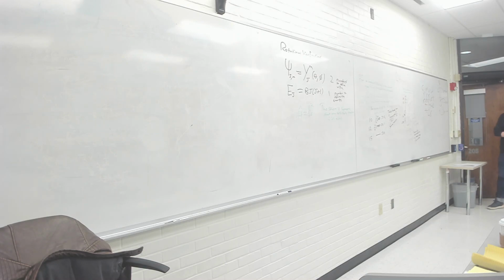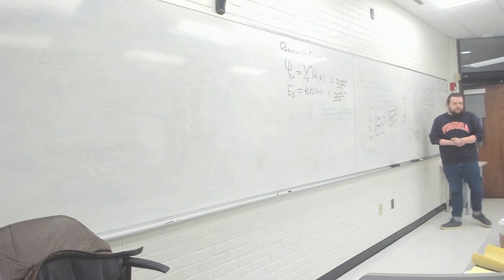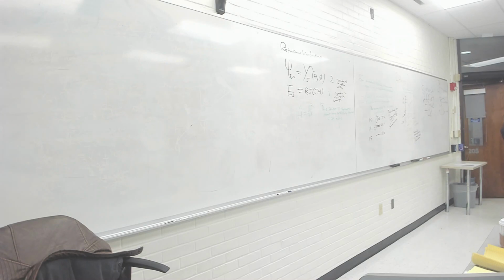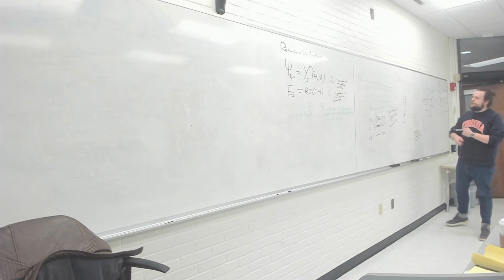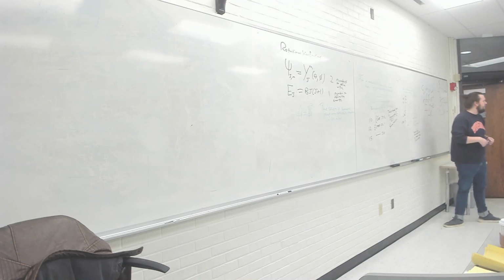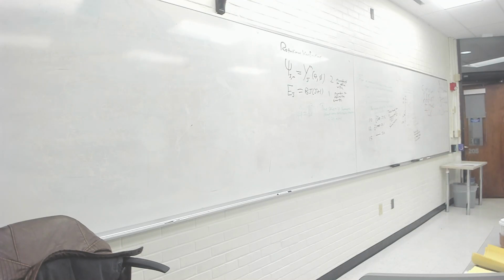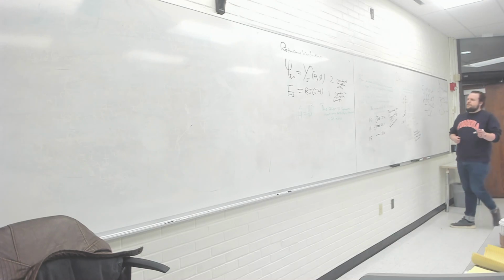So here I'm just going to set a problem up for us to think about for Monday. What I've specified is I can say with certainty how much angular momentum the system has, that's J. I can tell you the orientation with respect to one of the axes, that's M. But remember, we're in 3 dimensions.